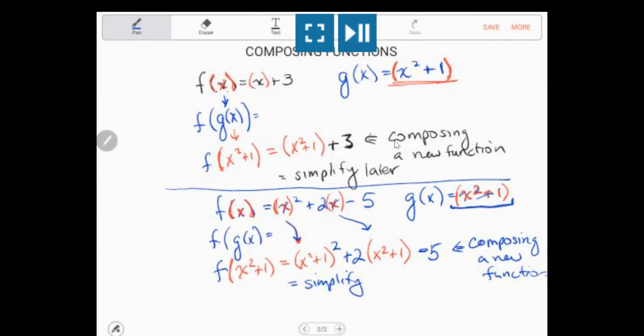It's not crazy hard. It's a little more complicated than the numbers, because instead of our answer being an easy number to understand, like 5, our answer is an equation. And so anyway, that's what we're doing in terms of composing functions.